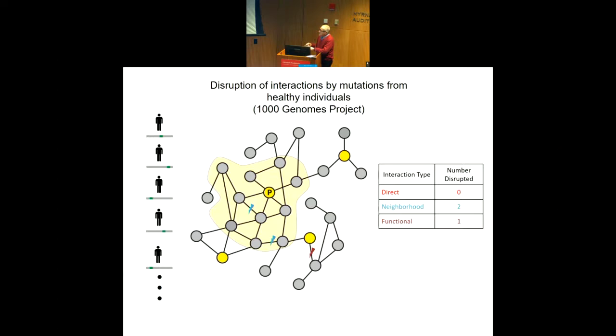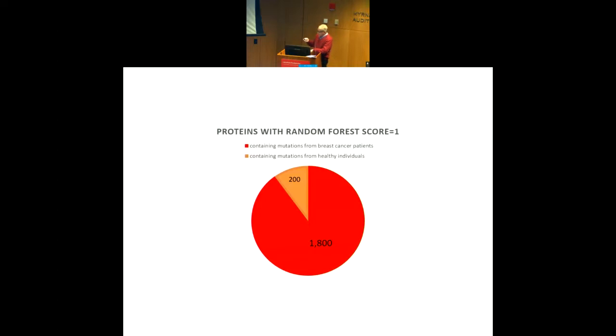We put this in a random forest program, and at least for this one case here from breast cancer, among our best predicted mutations there's a great enrichment in breast cancer patients versus random mutations from people who don't have the disease.